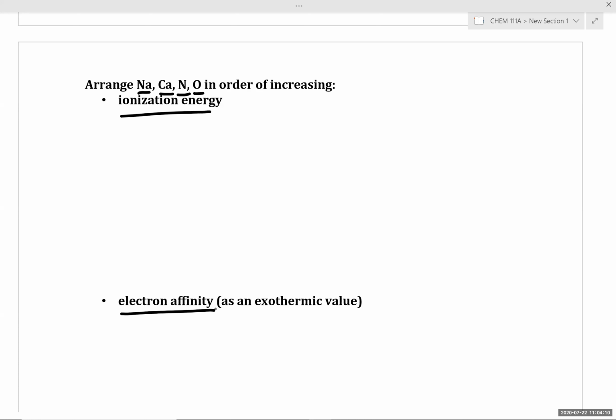Let's try to get some responses for the electron affinity values for each of these 4 elements. And we'll discuss momentarily.